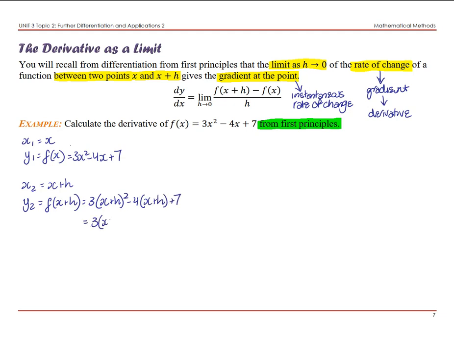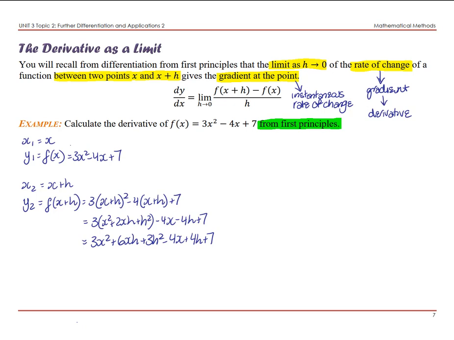Expand that out: x squared plus 2xh plus h squared, minus 4x minus 4h plus 7, which is 3x squared plus 6xh plus 3h squared minus 4x plus 4h plus 7.